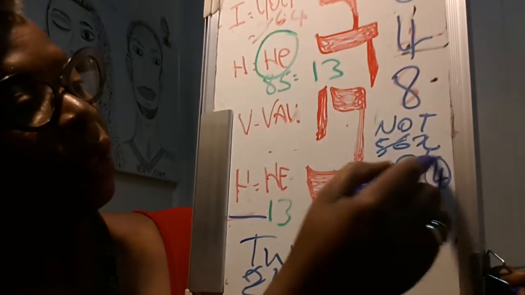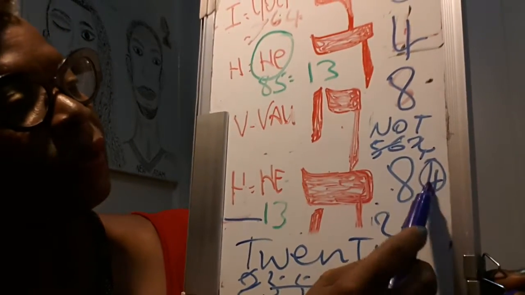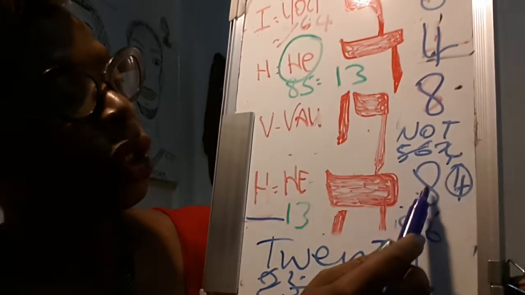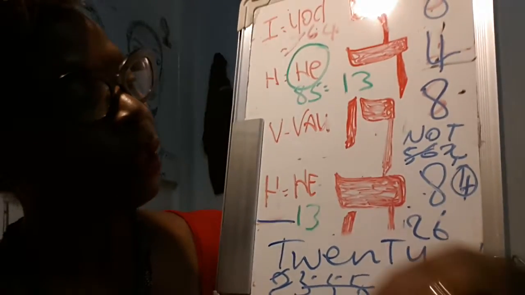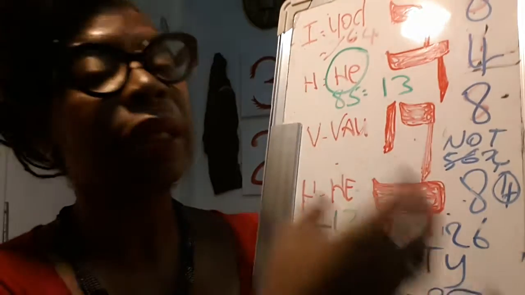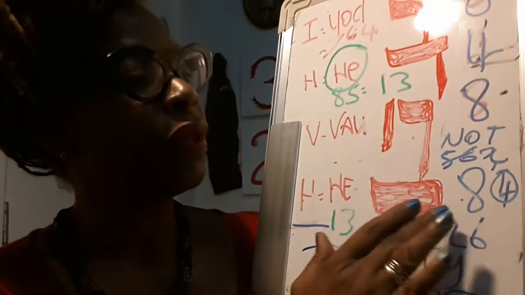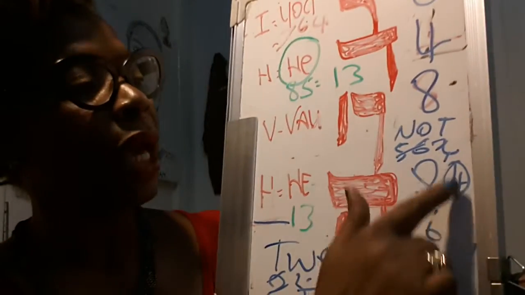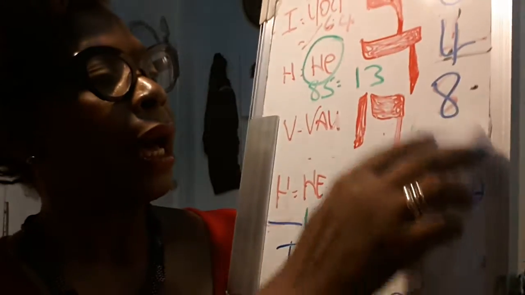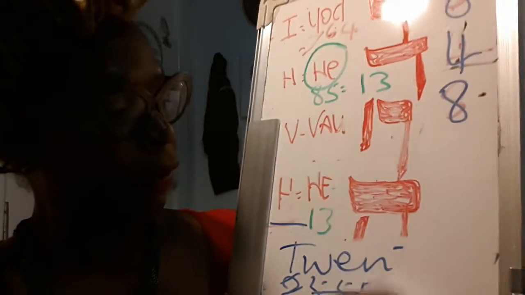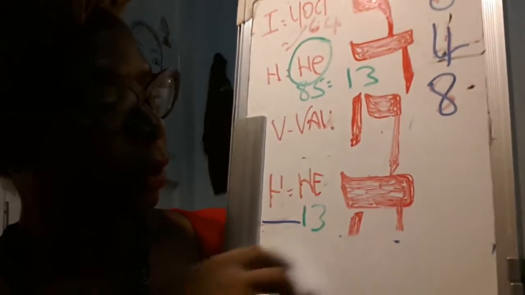When we do the numerical value for the word 8, it gives us 4. So not here is really why it is the symbol of infinity. Everything returns back to source, to 8, and we can see how everything is a cycle.